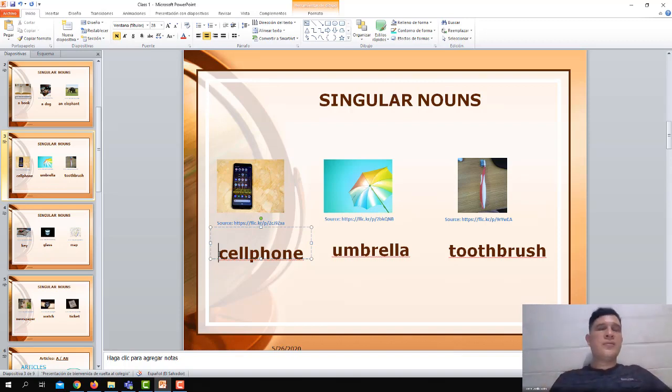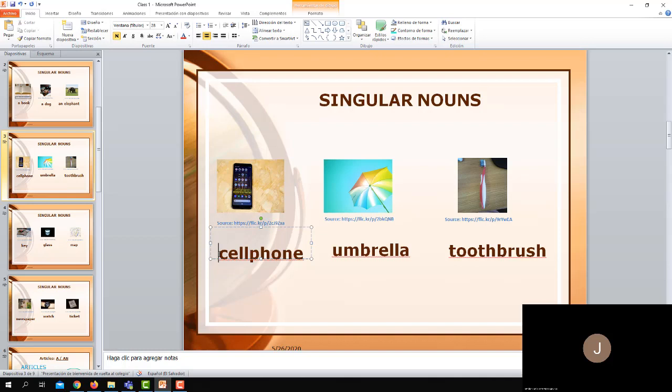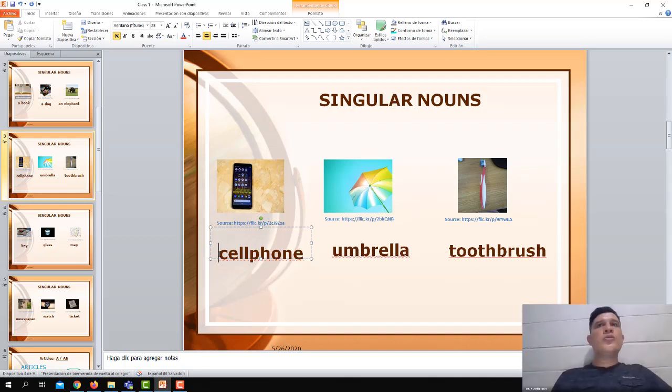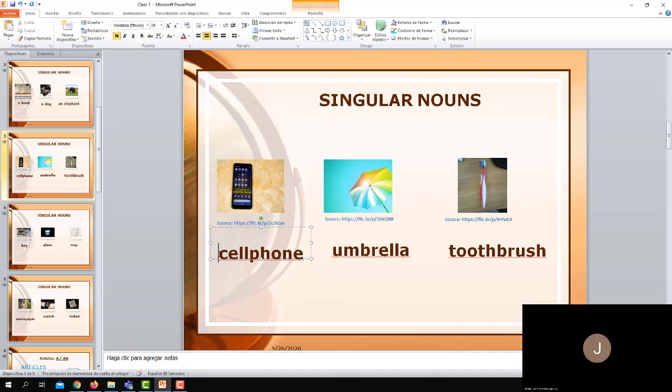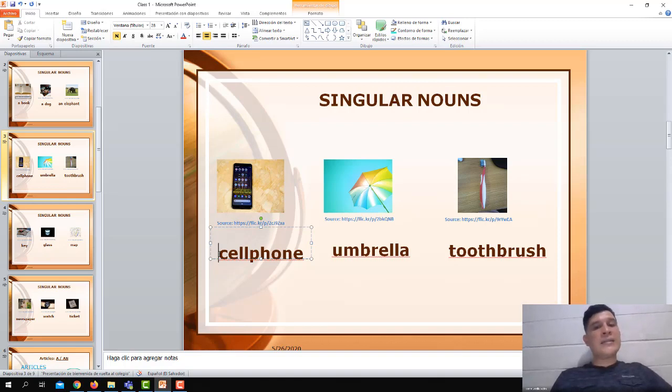Cell phone. ¿Qué sonido escucha usted, Paula, cuando nosotros decimos cell phone? El primer sonido. Consonante. Entonces, si es consonante, sería a. A, right? And then we say a cell phone. Good. A cell phone.